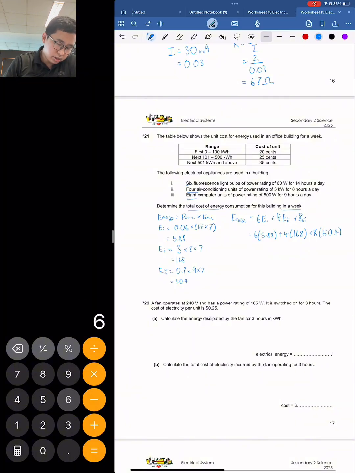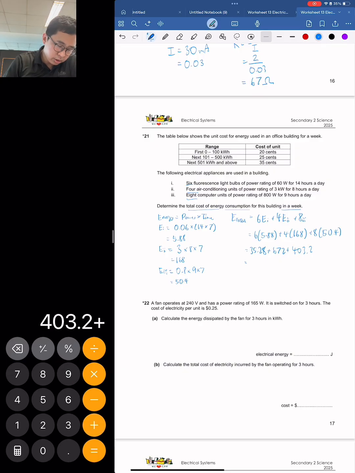So 6 times 5.88 equals 35.28, plus 168 times 4, which is 672, plus 50.4 times 8, which is 403.2.